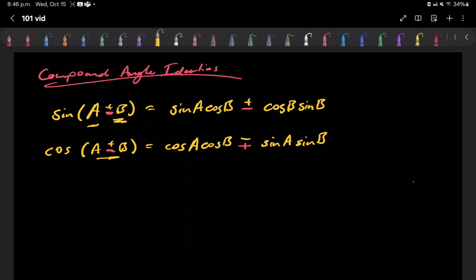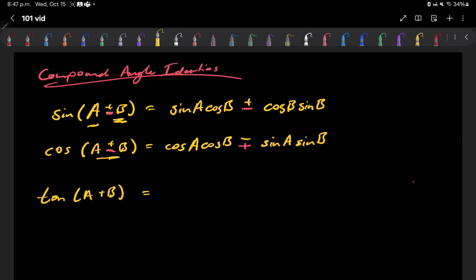So, from this, you can prove tan of A plus B. Tan is equal to sine over cos, so here it would be sine of A plus B all over cos of A plus B. You are free to go and figure out how to derive this by going through the long process.